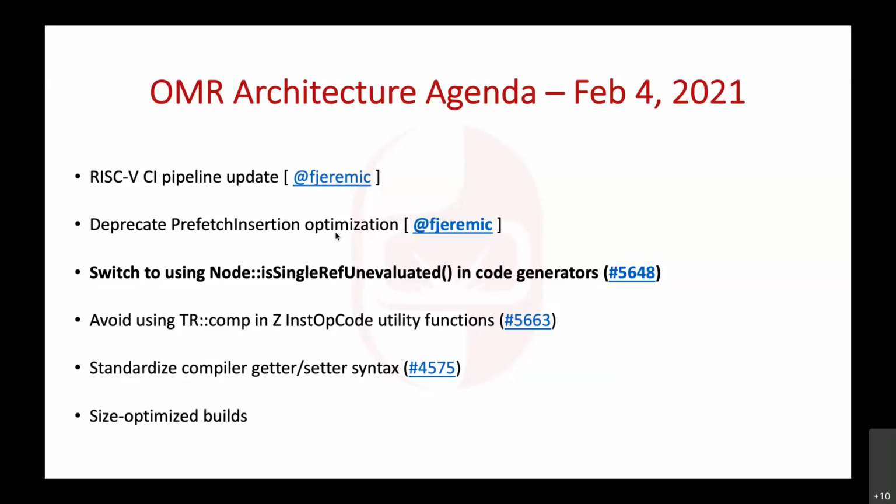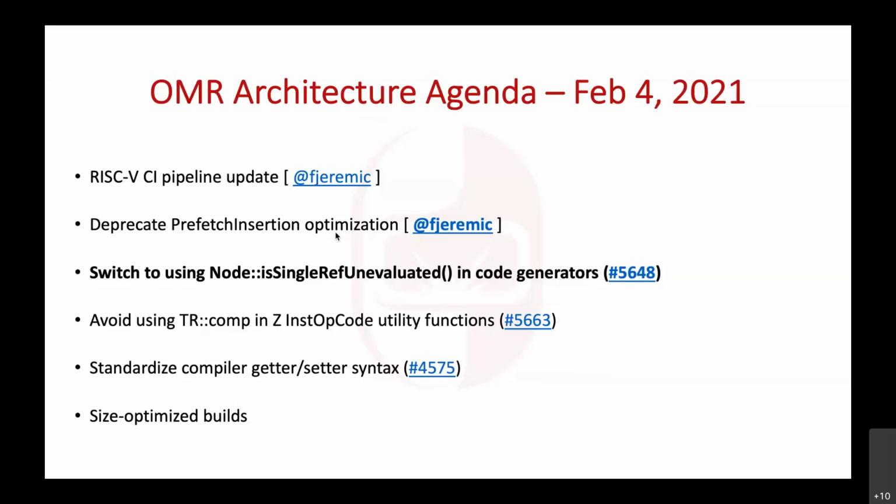Because there are situations where the code generator will decrement the reference count on a node without updating the register. So for example, if it's evaluating a constant and that constant fits into the instruction itself and it doesn't need a register, then it'll evaluate, decrement the reference count, and then the register field will still stay empty.